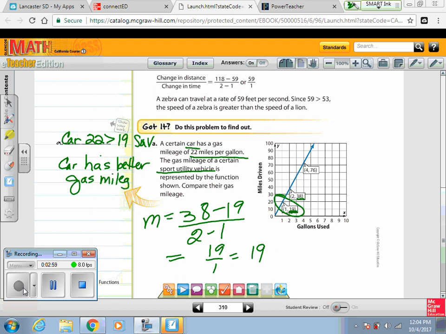That's what they mean by compare. Okay? So, let me write this right. When they ask you to compare, those are the kinds of answers. That's how you should get the answer.